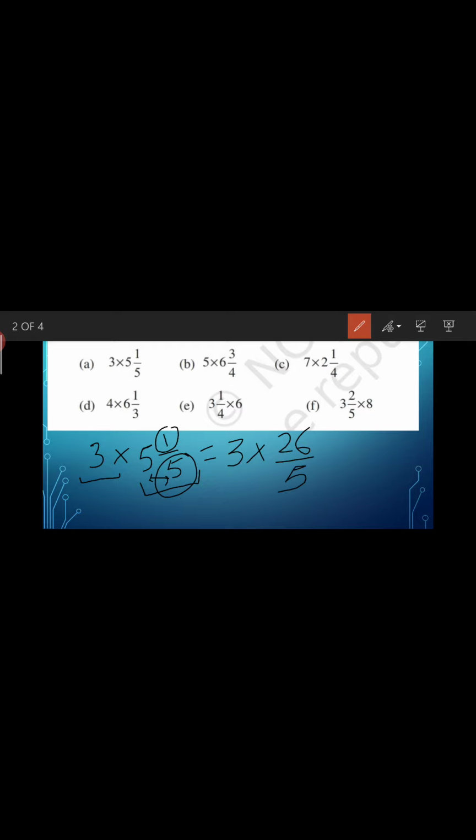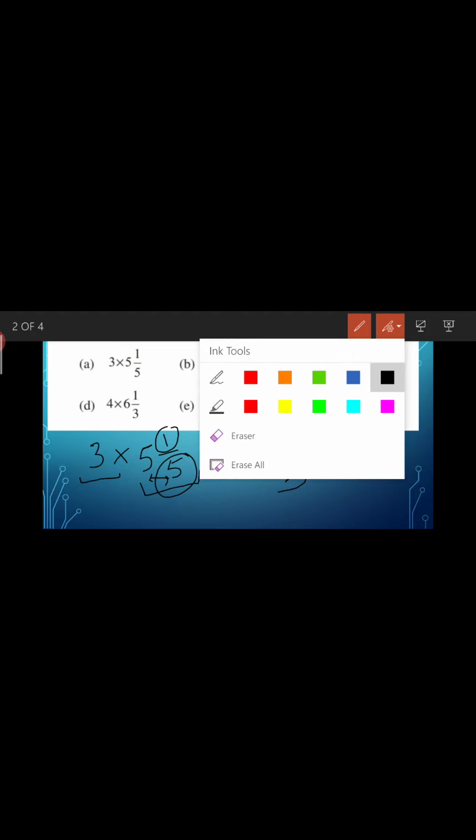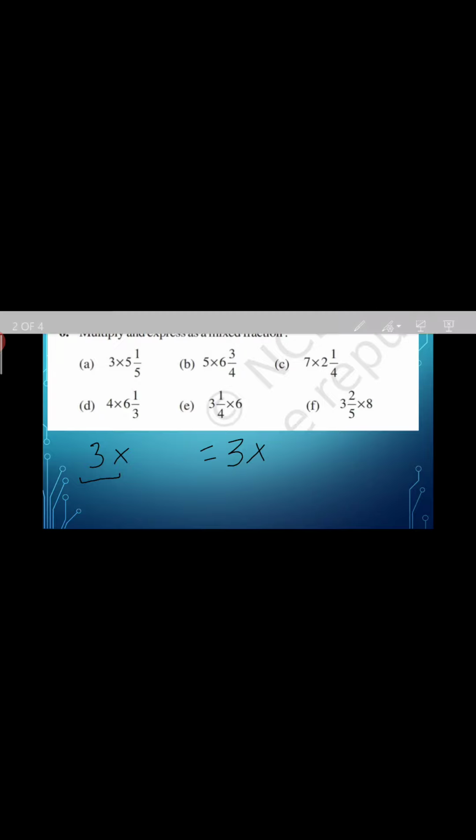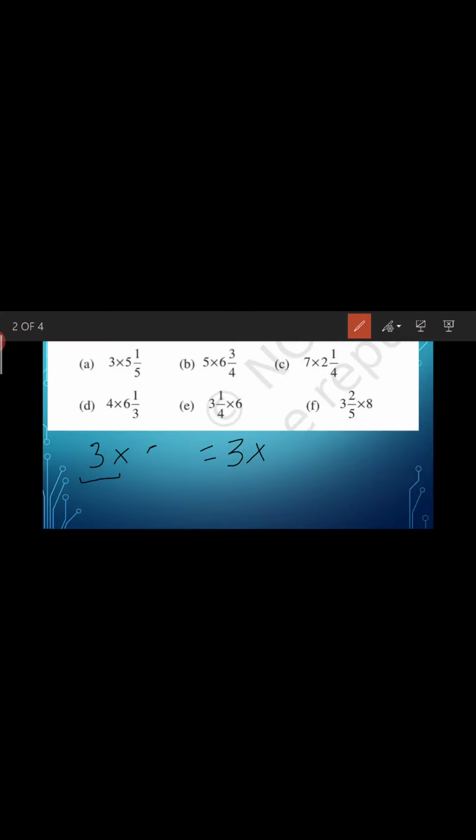Okay. How have we converted this mixed fraction into proper fraction? Let us see it again. It was 5 1 upon 5. What we have done here? We have just multiplied 5 into 5. I am writing it here.